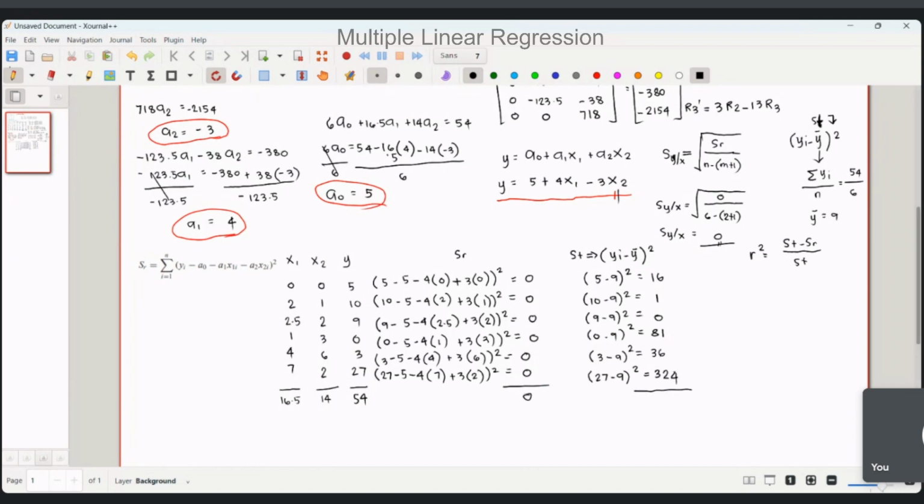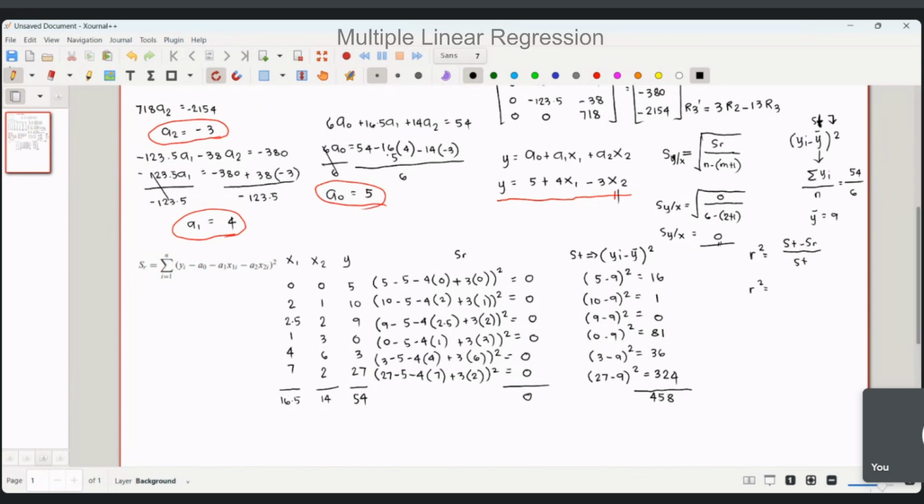Then, summation of 458. 458, ma'am. Okay. So we have our ST at 458.